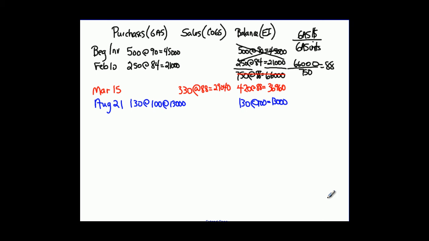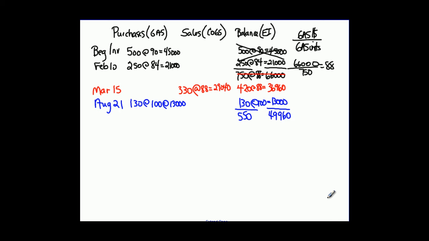So we have to calculate the total goods available for sale in units. So we're going to add the 420 and the 130, and we're going to calculate the goods available for sale in dollars. Those are the two pieces of information we need to come up with a new weighted average, or a new average price for these units.